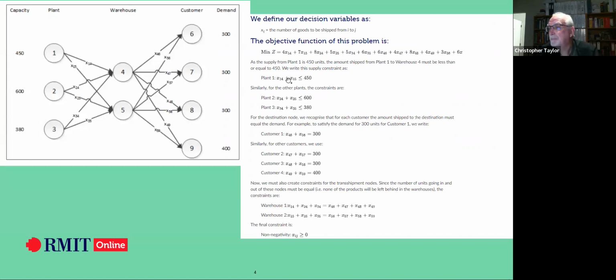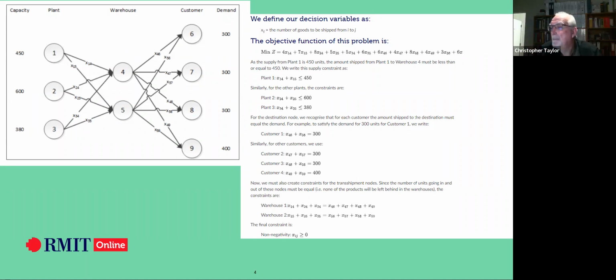Then the other thing is that x14 plus x15 must be less than or equal to 450, because the capacity for node 1 is 450. Whatever moves from 1 to 4 and from 1 to 5 can't exceed 450, because that's all we've got.